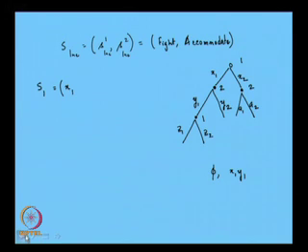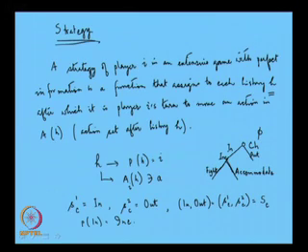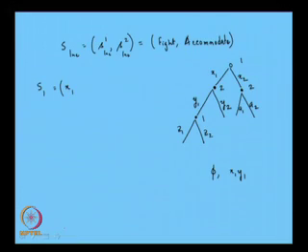Because if you remember, a strategy assigns to each history h after which it is player i's turn to move an action in the set A(h). So, now if x1 y1 is the history, he has to say which action he is going to take. So, it can be z1, that is possible.